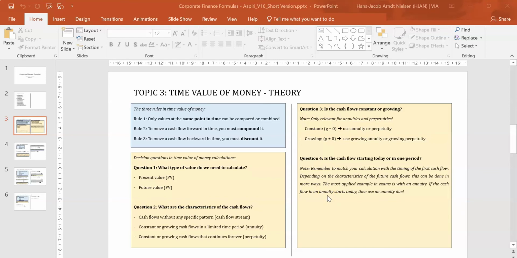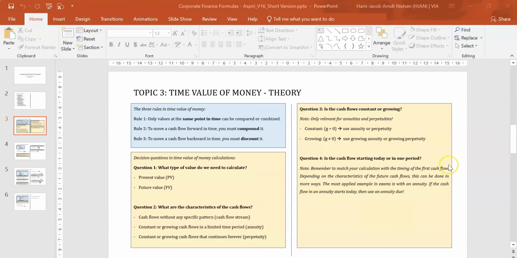That means if we have an annuity, it would be called an annuity due. With perpetuities, we can also have a perpetuity due. That simply means that we have a perpetual cash flow that never ends, that actually starts today and not in one period. But the typical one in exam assignments is an annuity due.